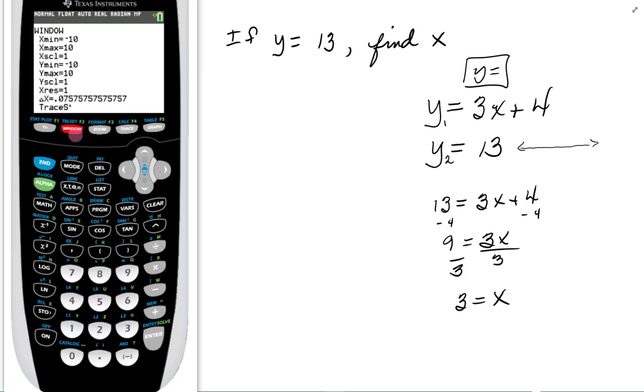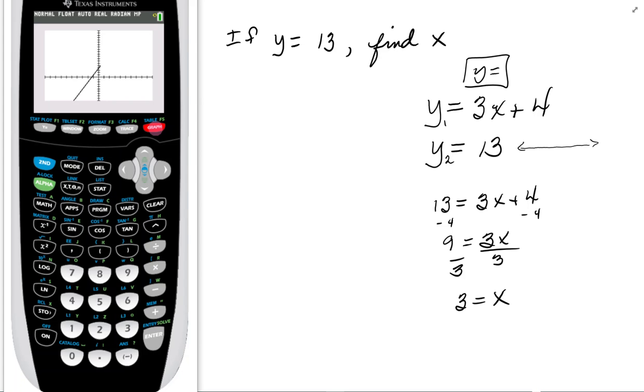So back to window. Now, in all the problems that I've done recently, it seems like we keep changing y max. Sometimes you'll change something else. You needed to show at least 13. I like to have some workspace, so I'm going to make y max be 20.